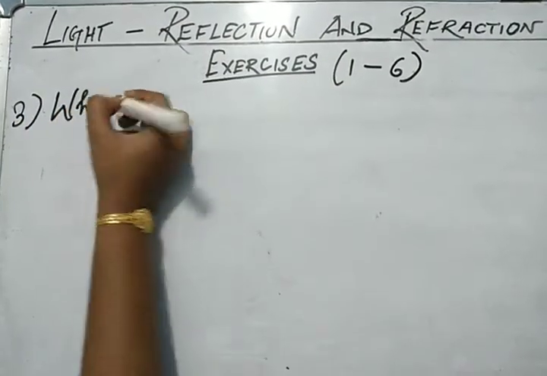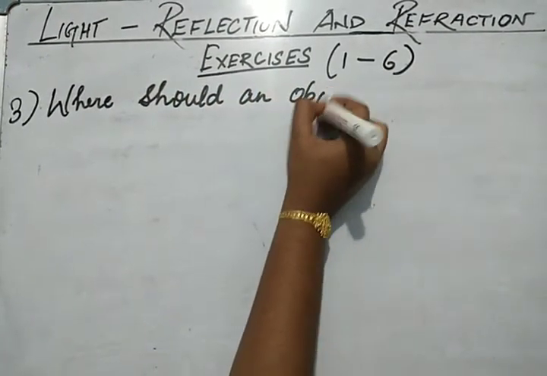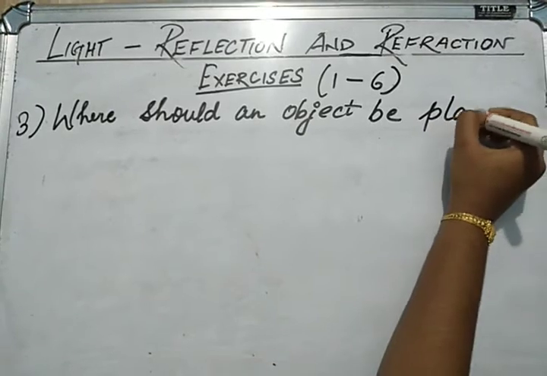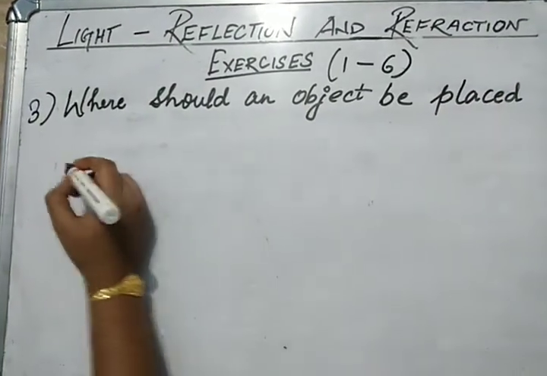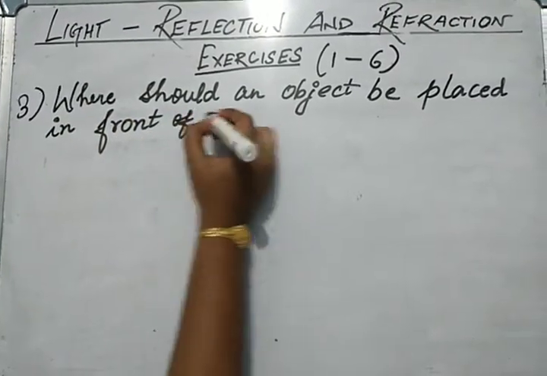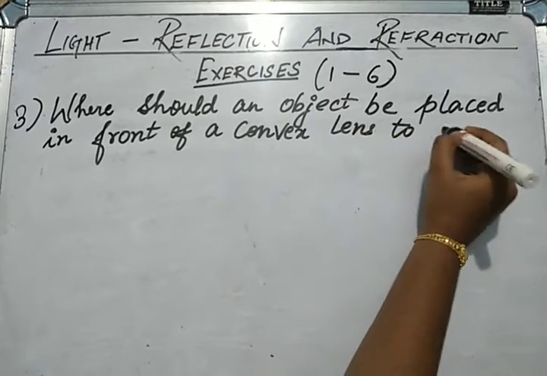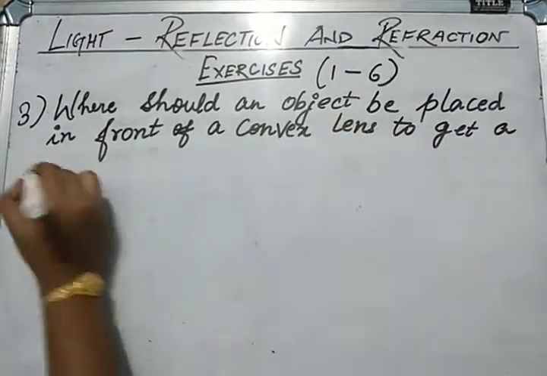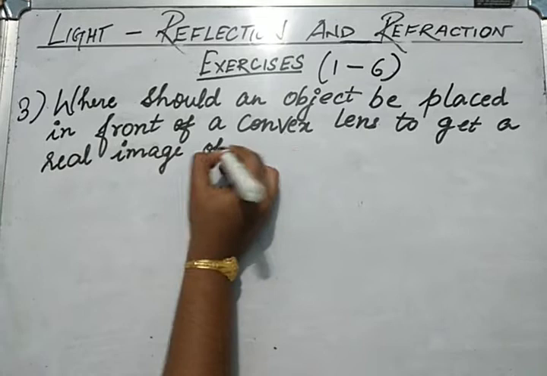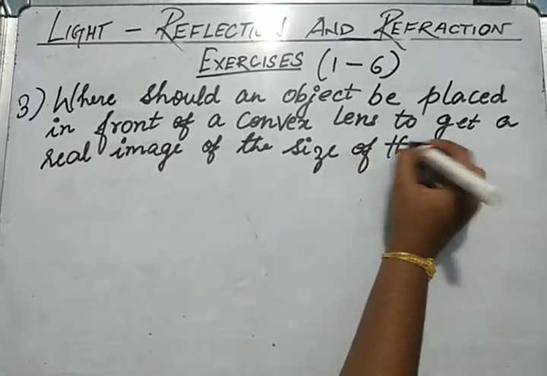Where should an object be placed in front of a convex lens to get a real image of the size of the object?